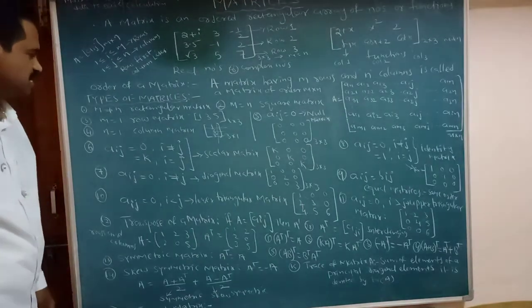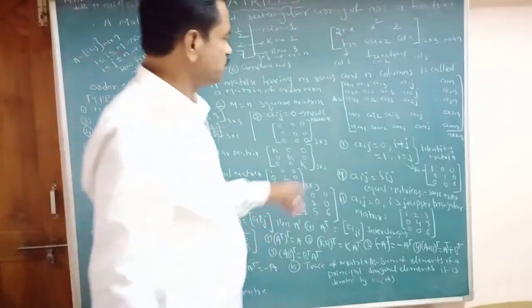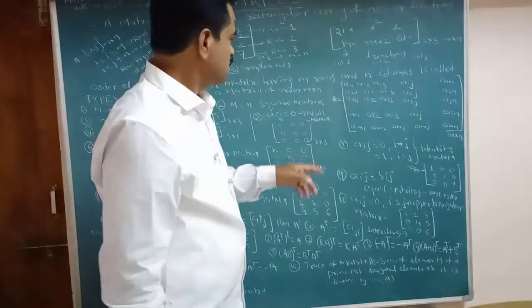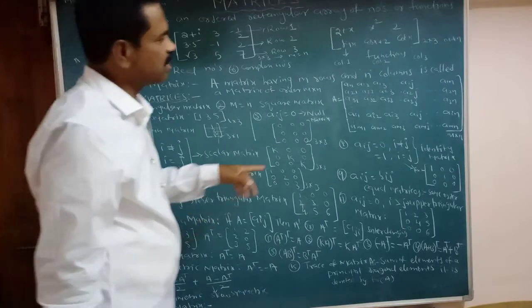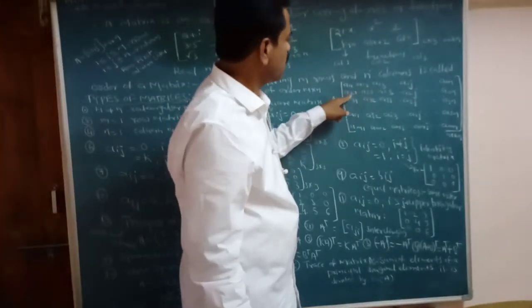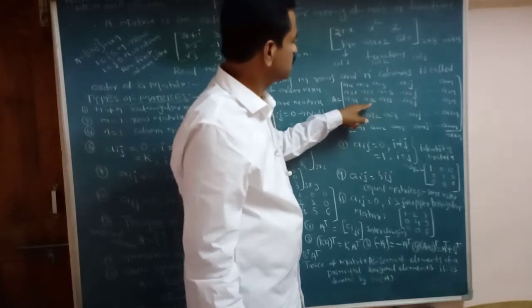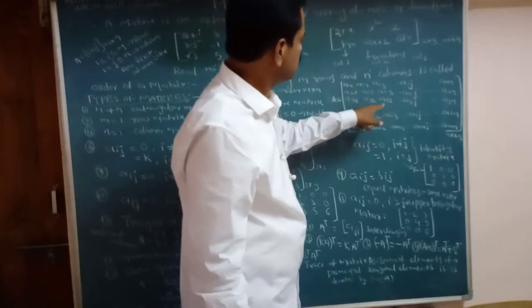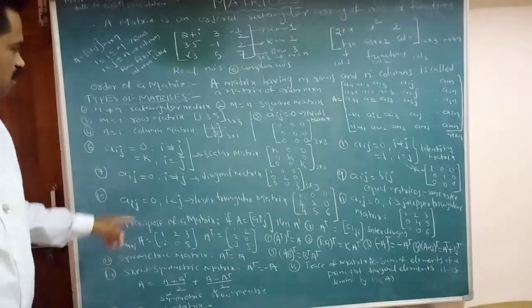Next, the seventh one: Aij equals 0 when i not equal to j. That means 1,2, 1,3, 2,1, 2,3, 3,1, 3,2 are all zeros.